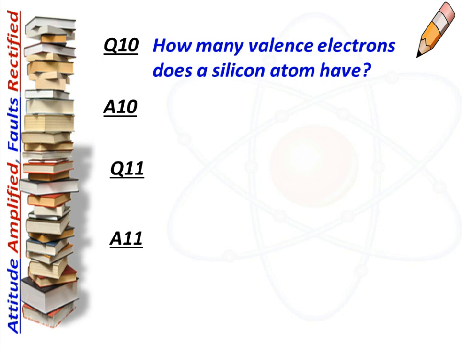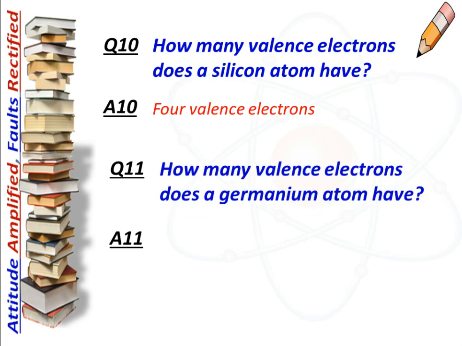How many valence electrons does the silicon atom have? Answer is 4 valence electrons. How many valence electrons does the germanium atom have? And the answer is 4 valence electrons.